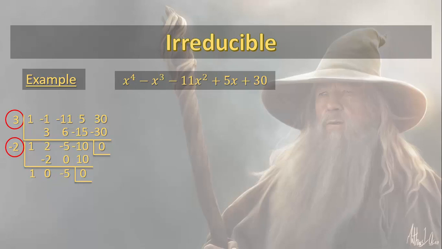All right, now if you look at what remains, that's basically x squared minus 5. So that's going to give me plus or minus the square root of 5. Those are all the zeros. So I'm going to show you how you would factor this according to the irreducible rules.